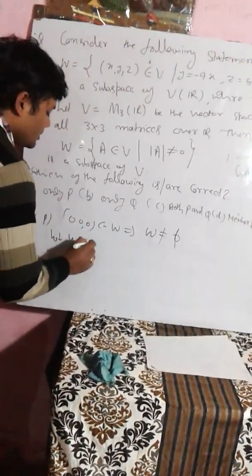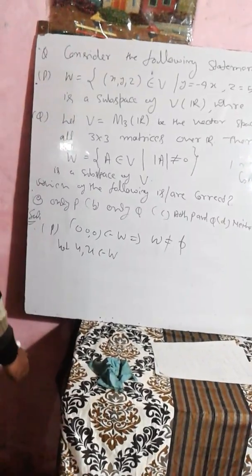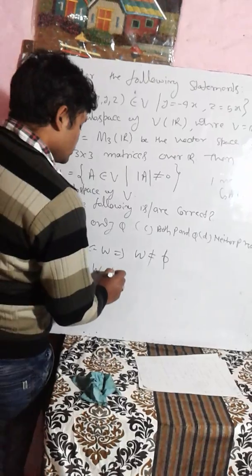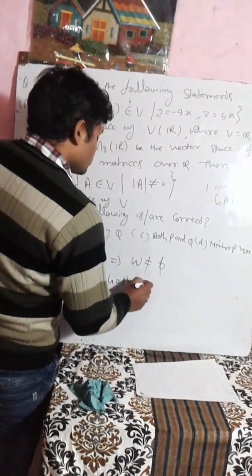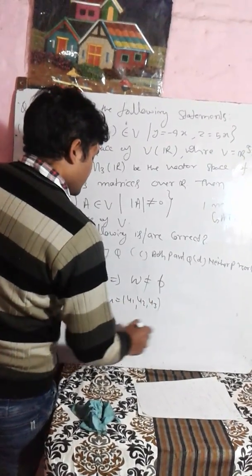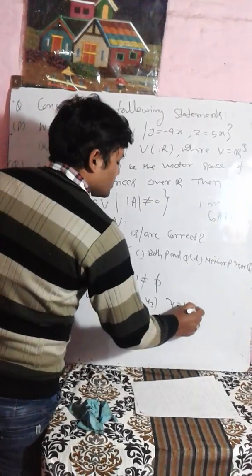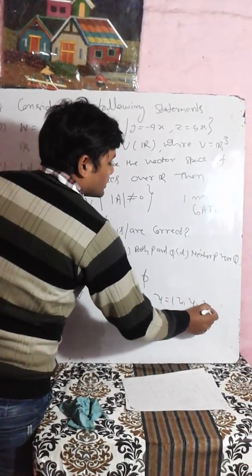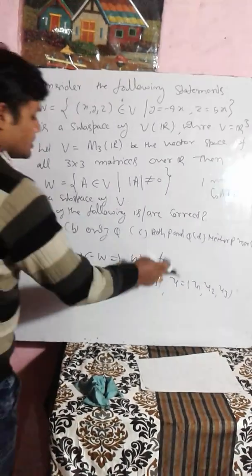Now let U, V belong to W, then we need to check whether the sum of these two vectors belongs to W or not. So U is equal to (U1, U2, U3) and V is equal to (V1, V2, V3). Because U, V are triplets, they will be of this form.